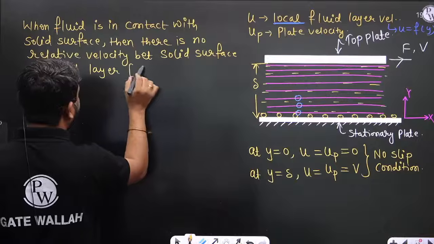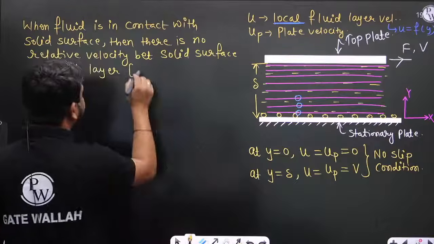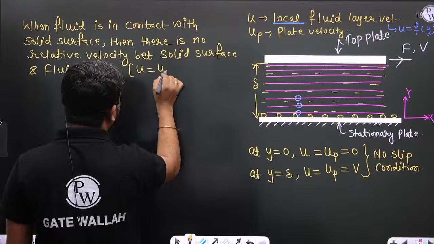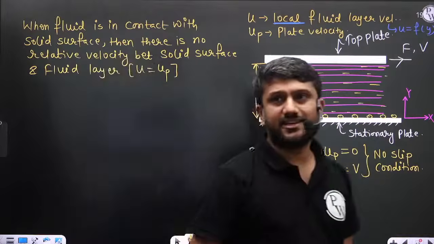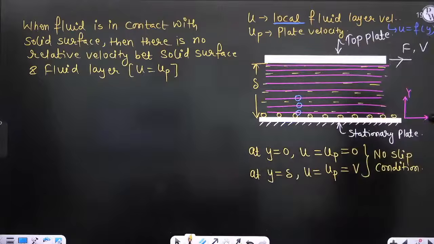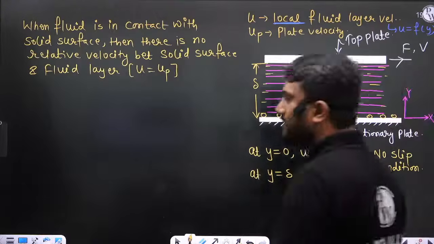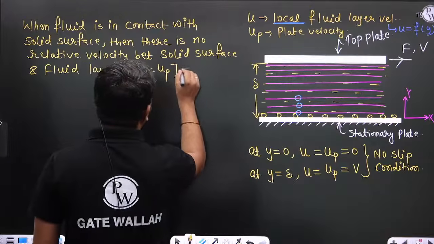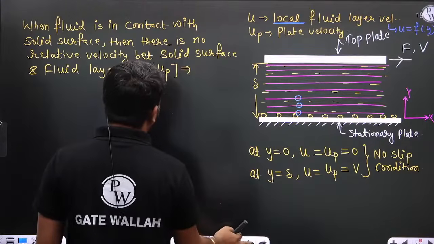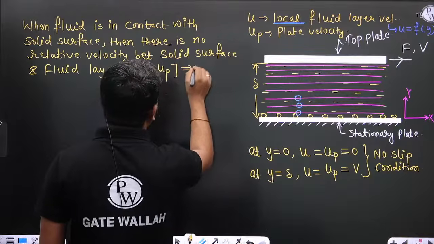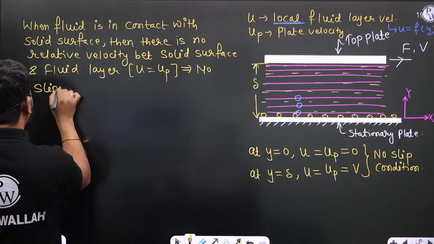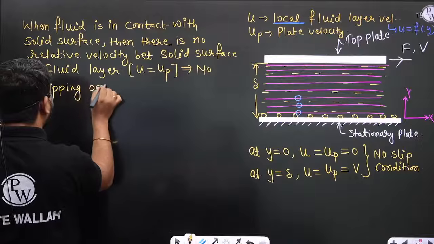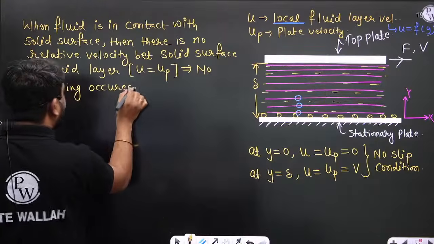That means whatever velocity the plate has, the same velocity is for the fluid also, right? When fluid is in contact with the solid surface, there is no relative velocity between the solid surface and the fluid layer. Hence, no slipping occurs.